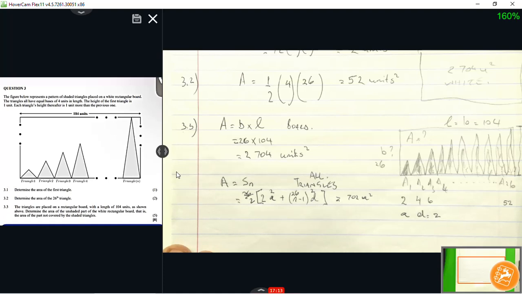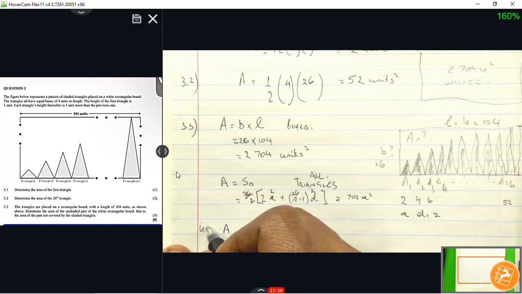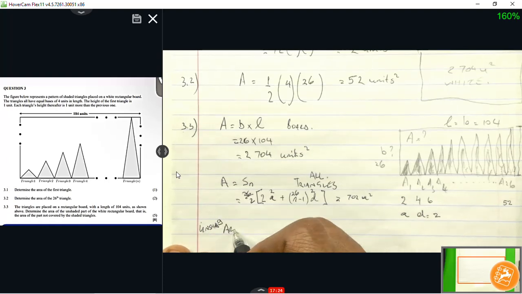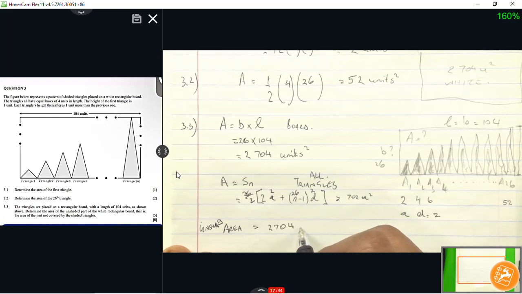Now it means the unshaded area. Unshaded area will be what? It would be the difference, which will be 2704 minus 702.